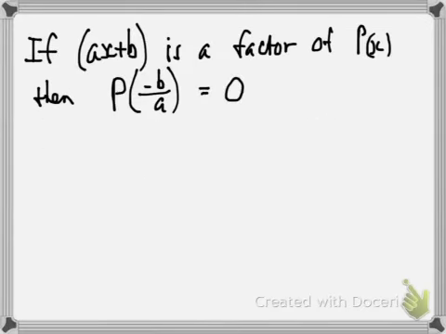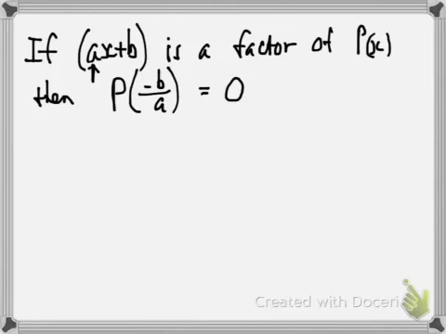By the way, if there's a coefficient in front of x in your expression, you put the opposite sign in. So if it's b, you put negative b in. If it's negative b, you put b in over that coefficient. If you put that in and get 0, then ax plus b is a factor.